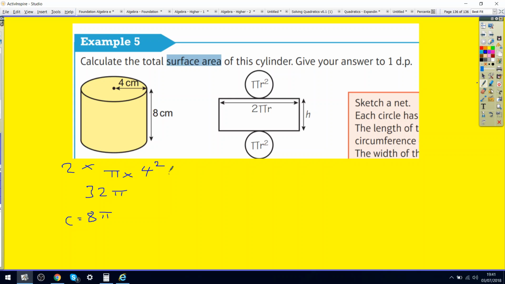So we add 32 pi and 64 pi, which gives us 96 pi, and as a decimal, that gives us 301.6 to 1 dp. That's it. Any questions there? No, I got that. That's fine. Okay.